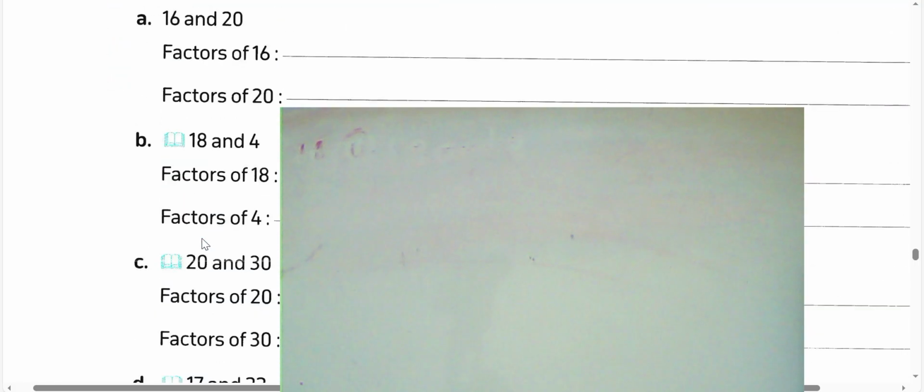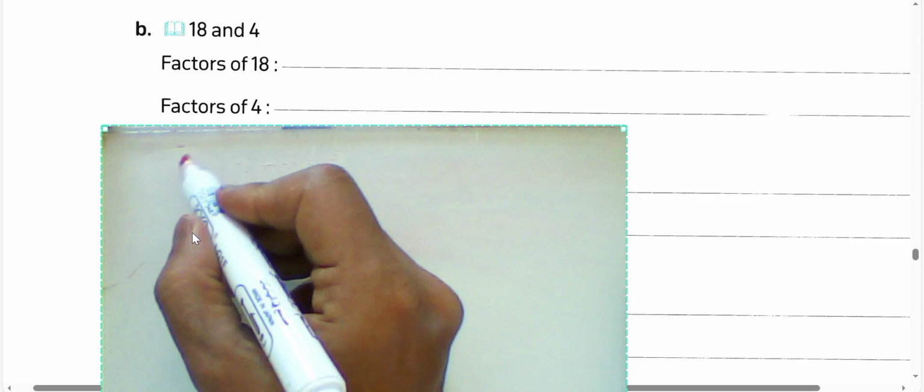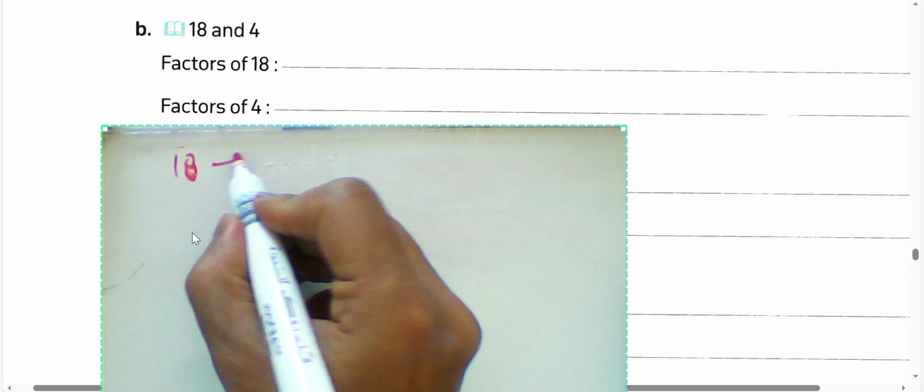Now question letter B. We want to find the factors of 18 and factors of 4 and find the greatest common factor between the two numbers. Okay, listen to me here first. Factors of 18, we can write 1, 18, 2, 9, 3 and 6. 3 times 6 is 18, 2 times 9 is 18, 1 times 18.